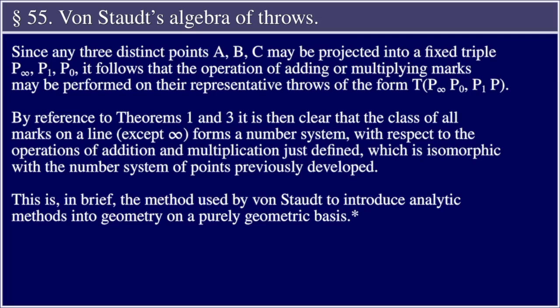By reference to Theorems 1 and 3, it is then clear that the class of all marks on a line, except infinity, forms a number system with respect to the operations of addition and multiplication just defined, which is isomorphic with the number system of points previously developed. This is, in brief, the method used by von Staudt to introduce analytic methods into geometry on a purely geometric basis.